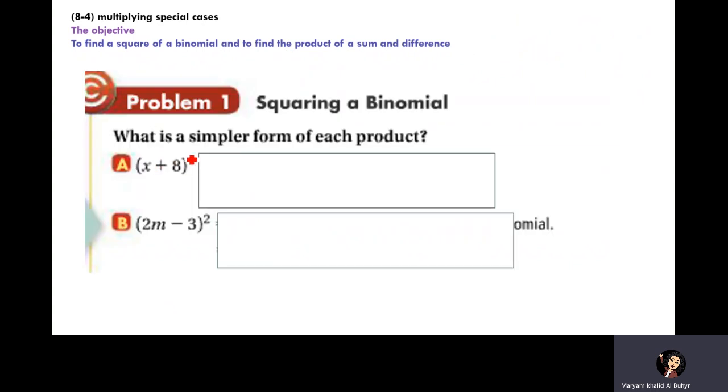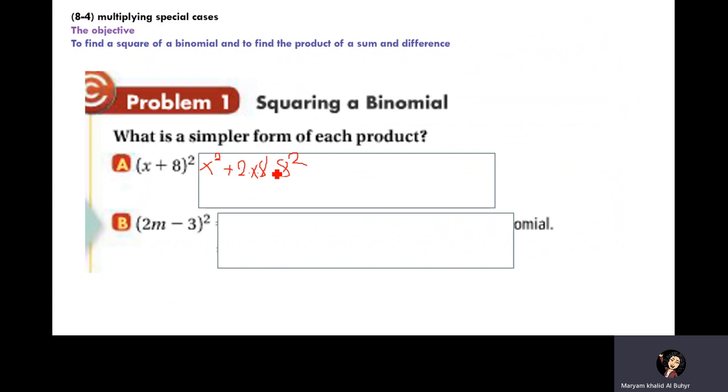If I'm asking you for the simpler form of each product, take the first term squared, the last term squared, which is 8 to the power 2, then plus 2 times the first times the second, 2 times x times 8.